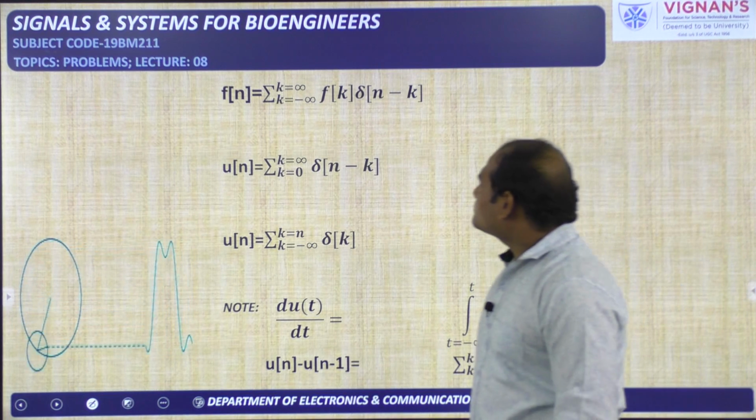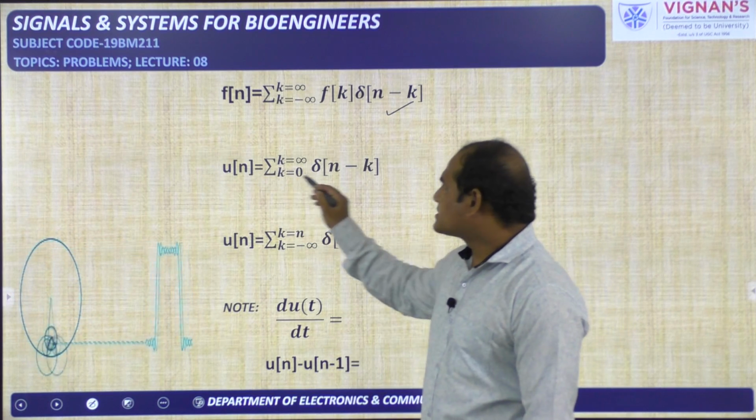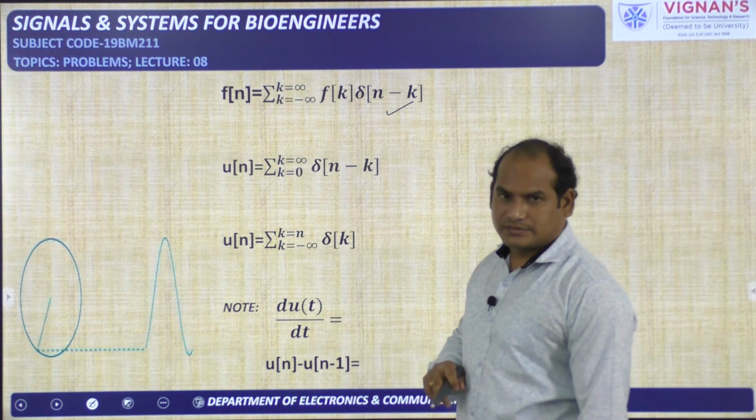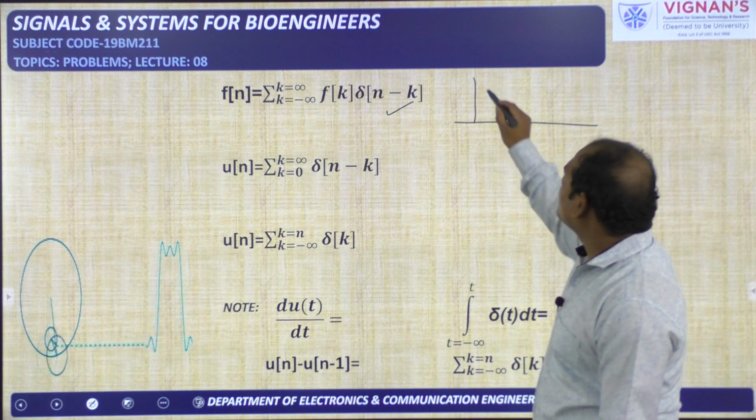Now this one we have just discussed. Now this one we will discuss. We are representing u of n in terms of del of n. How is it possible, you see. Generally u of t is available like this.